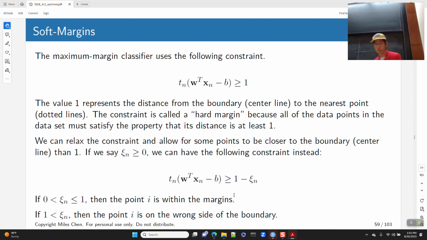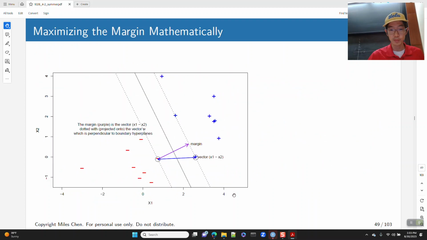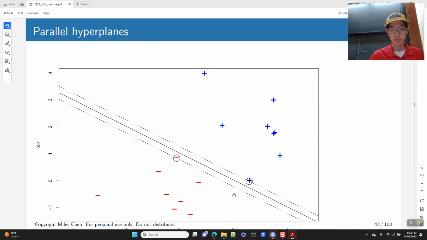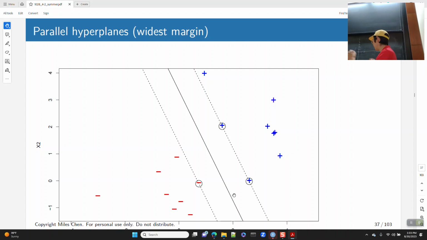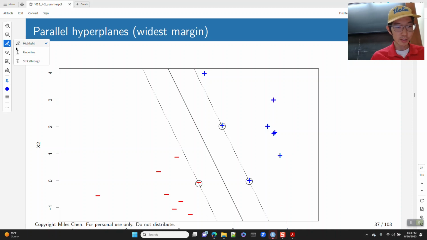Okay, so let me go back a few slides. Okay, we said this is the solution that we should use here. But what if I had put in a minus sign right here at this location?